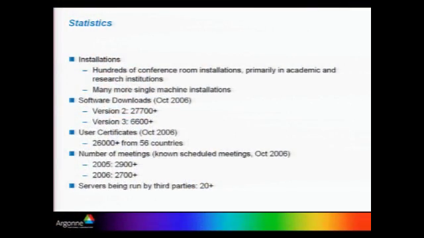So looking at installations of the Access Grid, we have hundreds of conference rooms installed around the world. We don't count single machine installations, and it's probably too dynamic for us to try to count. Looking at software downloads is maybe one interesting metric. For version 2, we had over 27,000 downloads over its lifetime, which is now just over 3 years.